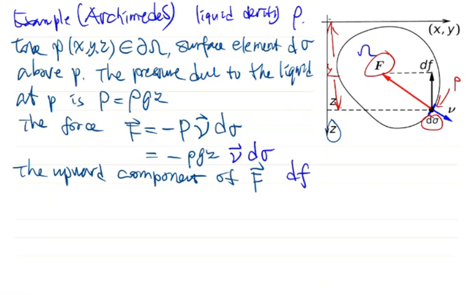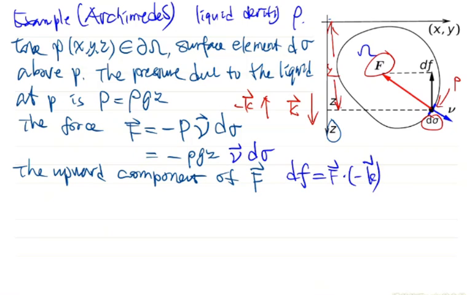The downward unit vector is k. It is the third unit coordinate vector, that is our k. Therefore the upward unit direction is minus k. So dF is the inner product of capital F with minus k, because our z-axis points downward.